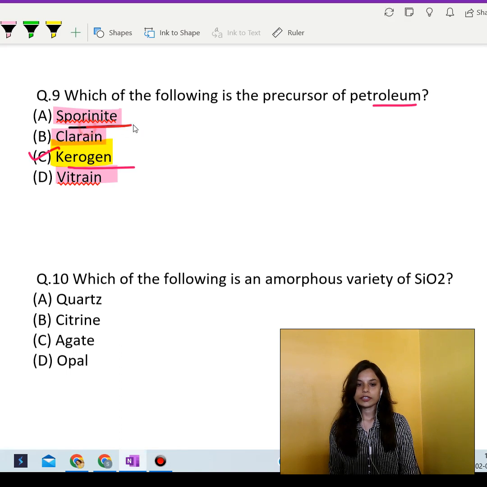Starting with sporinite. Sporinite is formed from spores and pollens. Then clarine. Clarine is formed from the woody tissues. If I talk about vitrine, vitrine is formed from coalified plant tissues.